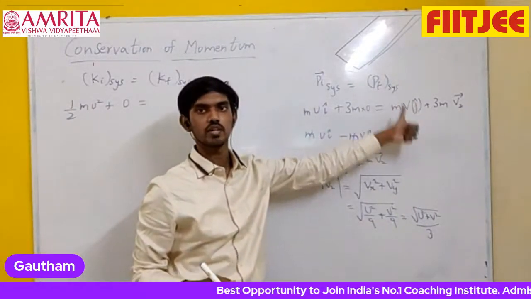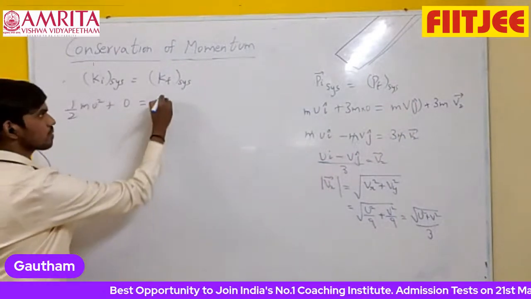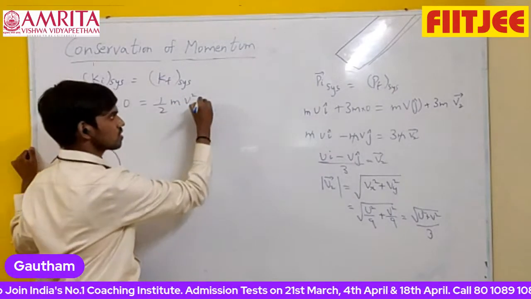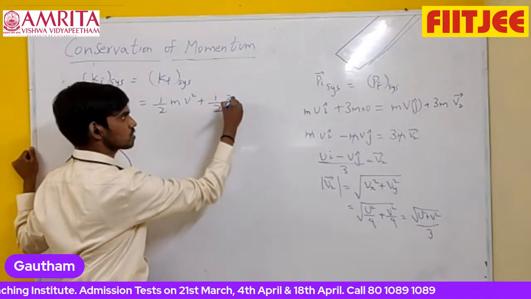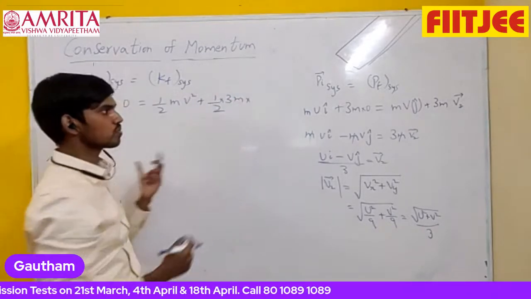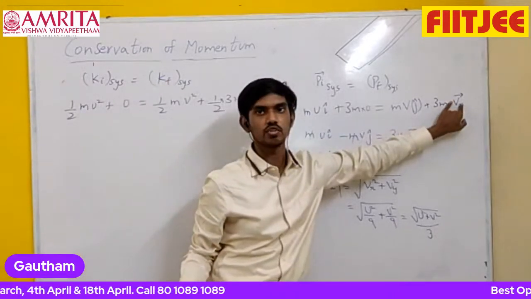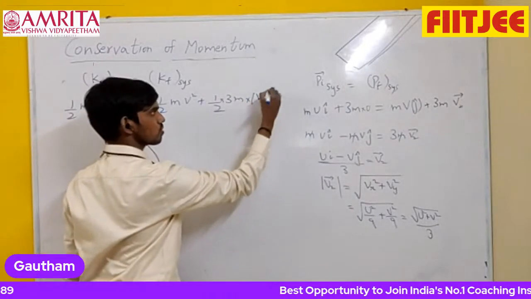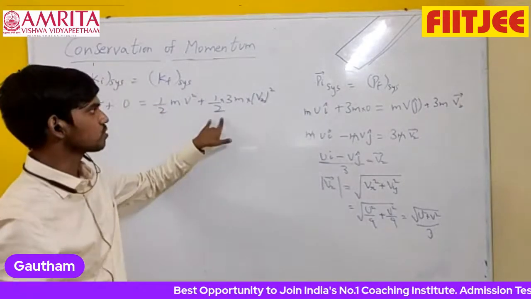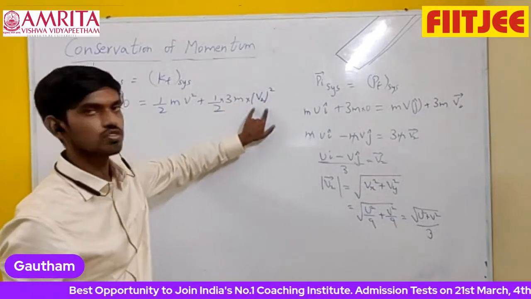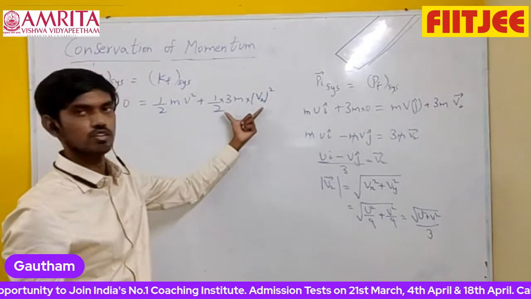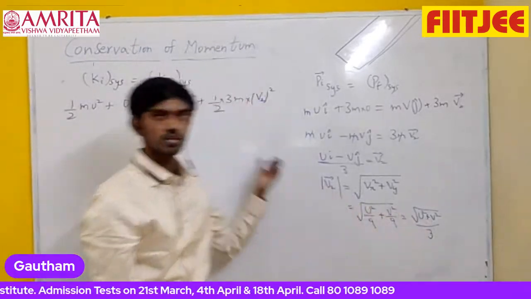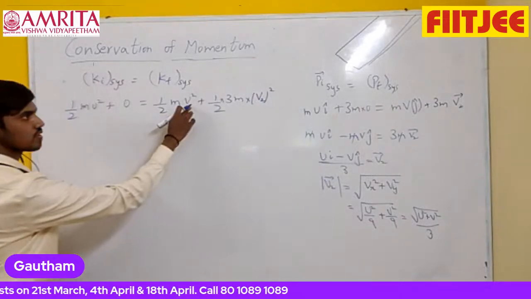It is going with the speed v, direction j cap. நமக்கு kinetic energy ங்கிறப்ப half into m into speed whole square plus final kinetic energy of 3m block is half into 3m into this is going with v2 vector, velocity vector. So அதோட ஸ்பீட்னா magnitude of v2 the whole square, அதுதான் kinetic energy, half into mass into magnitude of velocity whole square, அதுதான் kinetic energy of second body. அதனால தான் நான் இங்க இந்த வெக்டரோட magnitude கண்டுபிடிச்சிருக்கேன். So I can use this information here and find the value of v.